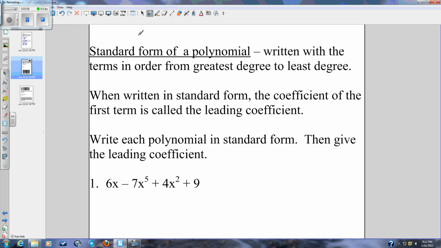The standard form of a polynomial is written with the terms in order from greatest degree to least degree. And when written in standard form, the coefficient of the first term is called the leading coefficient. So let's write each polynomial in standard form. Then give the leading coefficient.